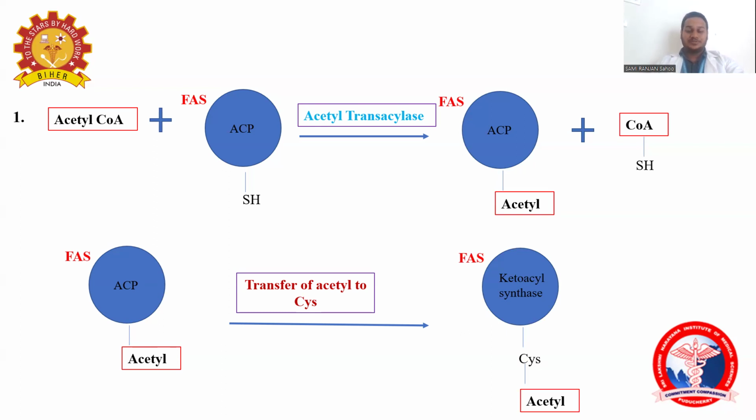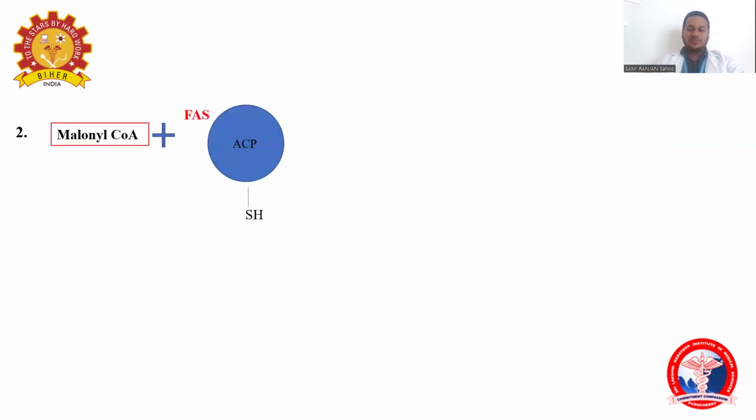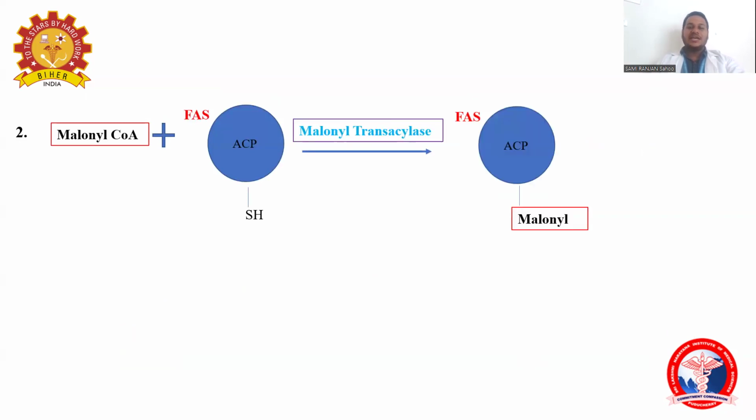This is important. Next reaction: malonyl CoA combines with ACP with the help of malonyl transacylase to form ACP along with malonyl, where CoA and SH are released from the first reaction product and the second reaction product.